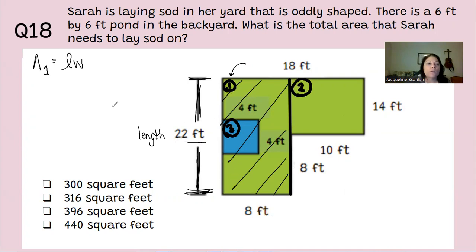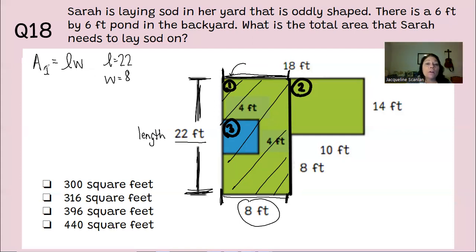So the length of this rectangle is 22. And the width of this rectangle would be from here to here, or from here to here. They're the same. That's what makes it a rectangle. The only side, top or bottom, that gives me that dimension is the bottom, and it tells me that it is 8 feet. So the width of that rectangle is 8.